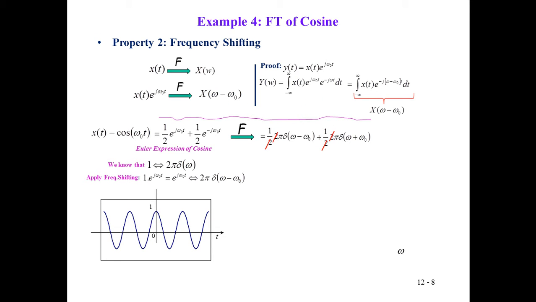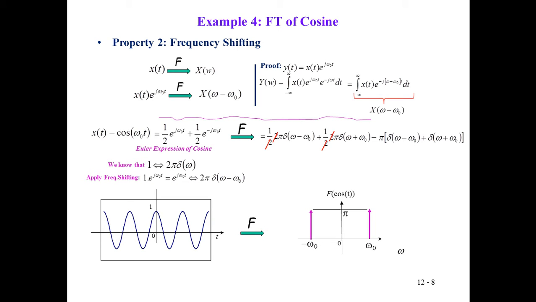And cancelling the common 2's, we get the Fourier transform of cosine omega 0 t as the sum of two Diracs, shifted by a positive amount of omega 0 and a negative amount of omega 0, and the magnitudes of these Diracs are pi.